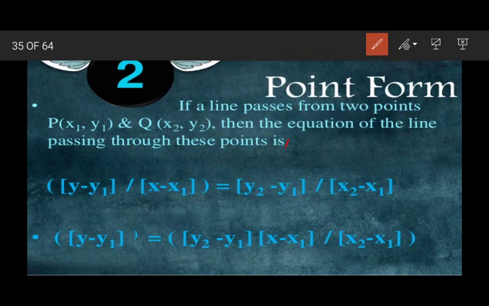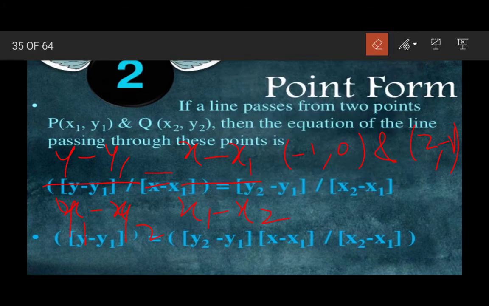Suppose the line is passing through the points -1, 0 and 2, -1, and the question is to find the equation of the line. So the equation of the line will be y minus y1 upon y1 minus y2 equal to x minus x1 upon x1 minus x2.